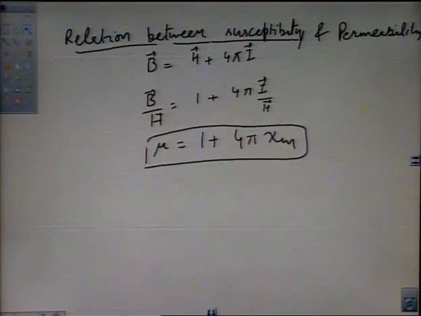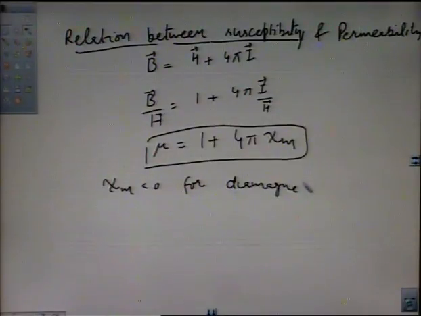Now, as the value of chi m is less than 0 for diamagnetic materials, mu is less than 1 for diamagnetic materials.